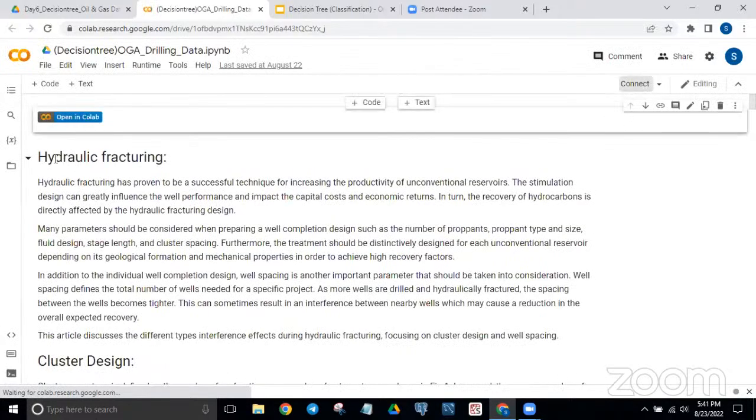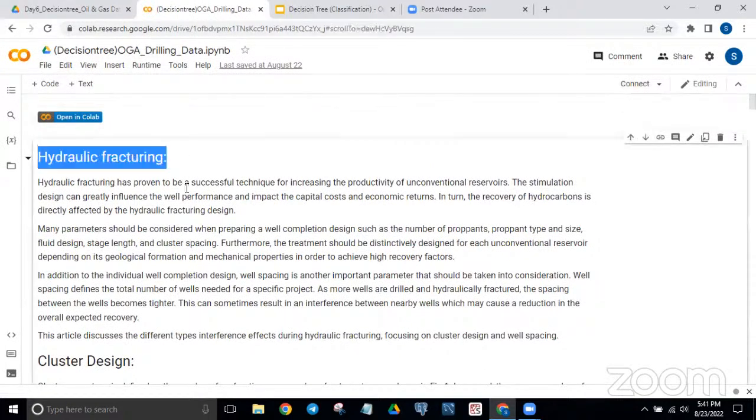Okay, so we are working on hydraulic fracturing, right? Hydraulic fracturing is the technique that we have. In the technique, we have some data. Based on the data, we are trying to look into the drilling process. This is completely related to the drilling process.